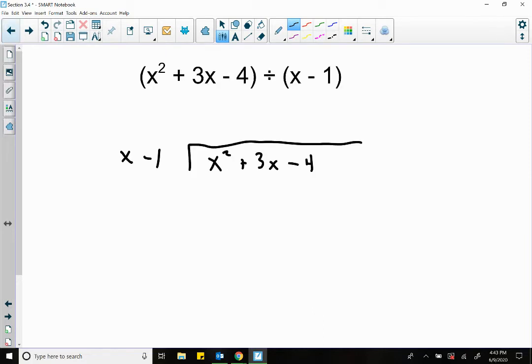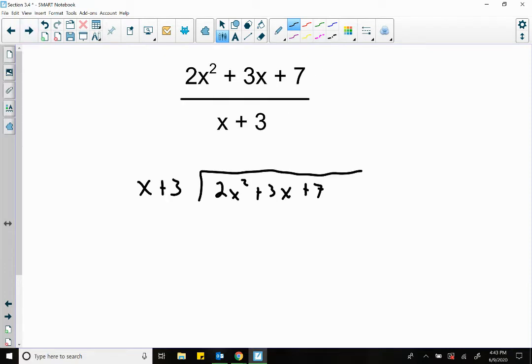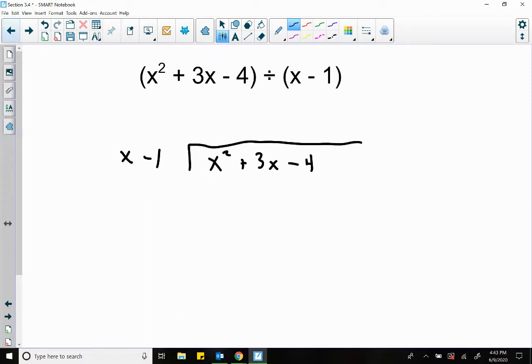So again, just to remind you, first parenthesis, if it's written horizontally, goes under the division symbol. Second parenthesis goes out front. Numerator goes under the division symbol. Denominator out front. Okay? So just a guide. Sorry, let's do this.